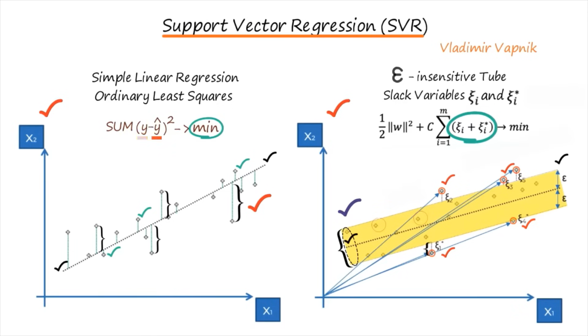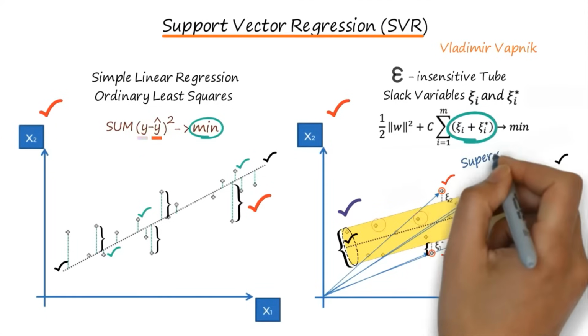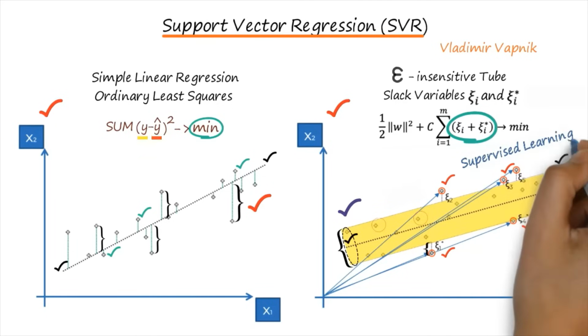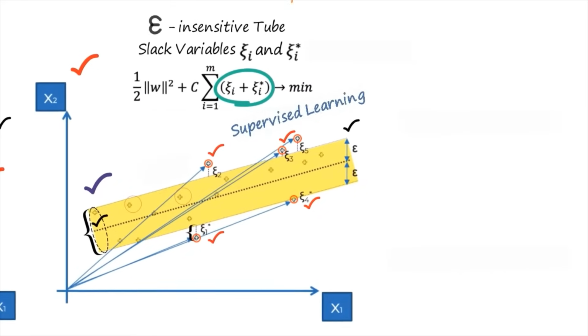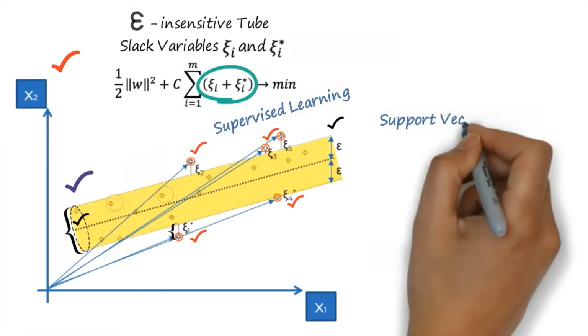SVR is definitely a supervised learning algorithm, which is used to predict discrete values. In the previous class I explained that whenever I'm talking about regression, they will follow some discrete values. Since SVR is a supervised learning algorithm used to predict discrete values, SVR uses the simple principle of support vector machine.